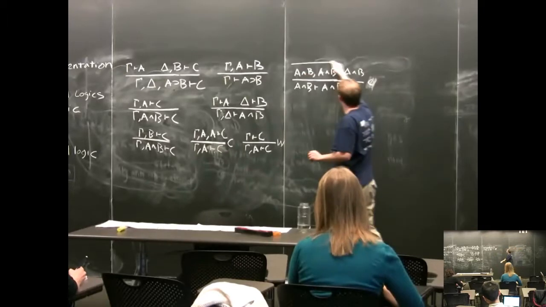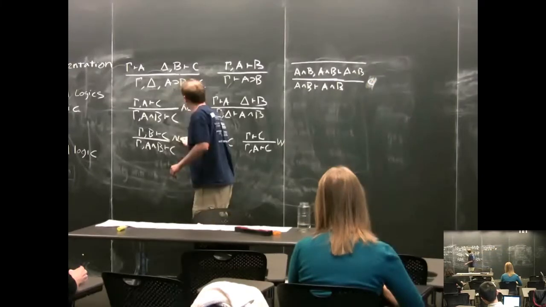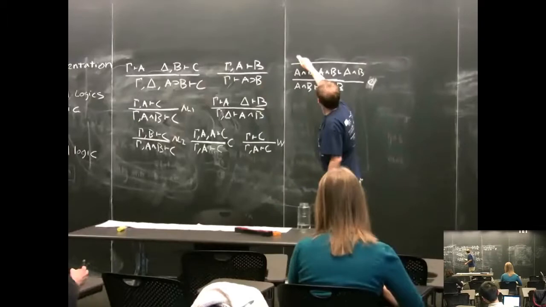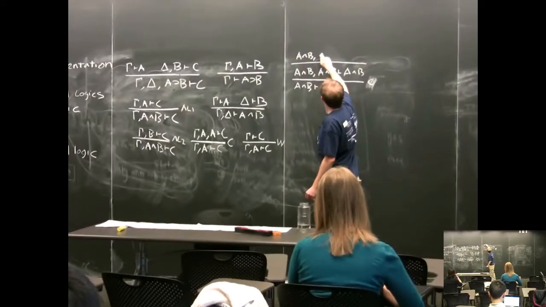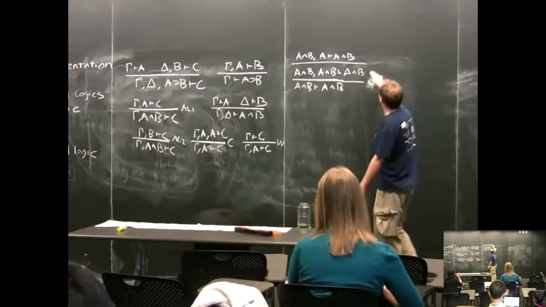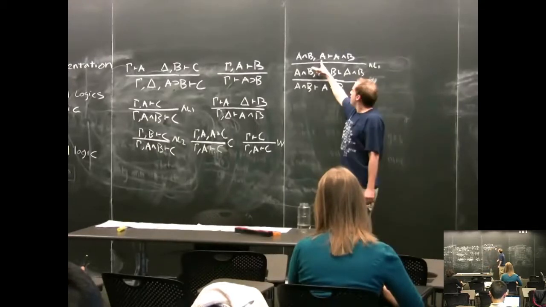So you can prove this, and then we can maybe apply one of these left rules. I should have called this and left 1 and this and left 2. So A and B, let's make this an A. So this is and left 1.